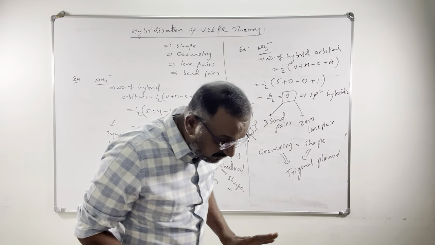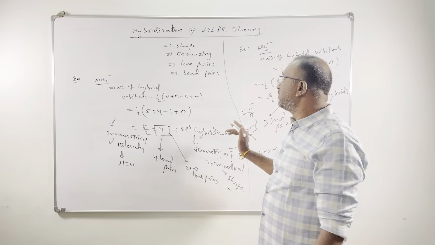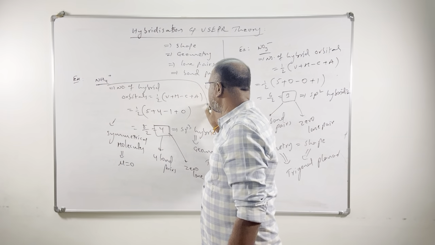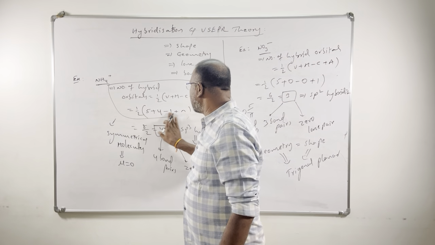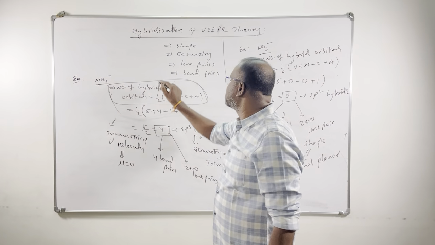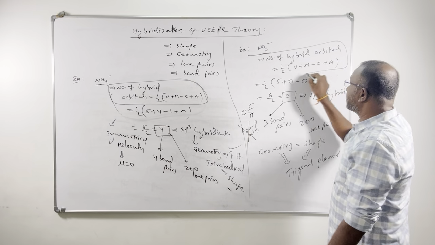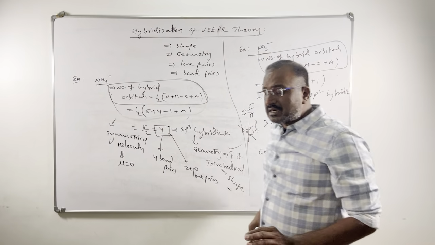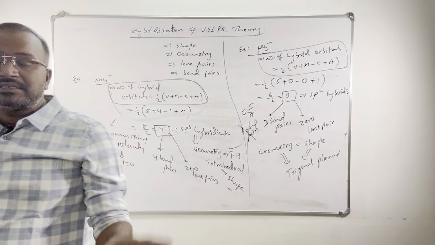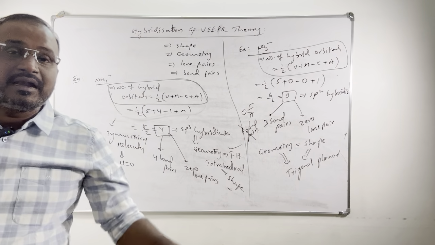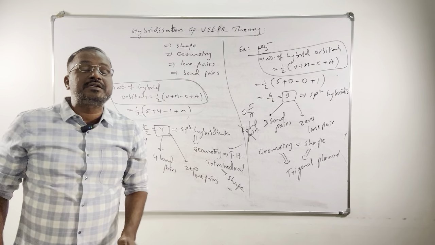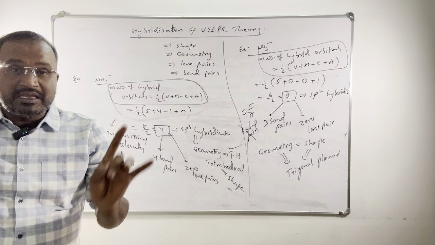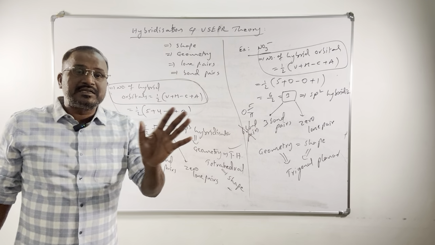Once again, I am saying this is the main formula, the number of hybrid orbitals. Here also I have used the same number of hybrid orbitals. Based on that you can identify hybridization, based on that you can say geometry, and after identifying bond pairs and lone pairs you can identify shape. If lone pairs are 0, geometry is equal to shape.